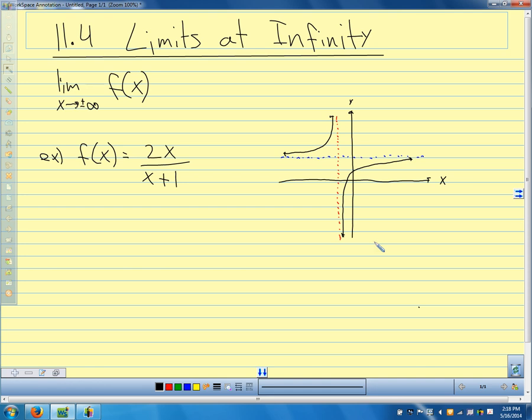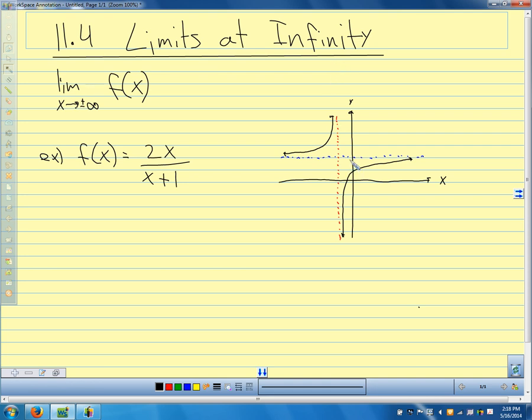As x approaches -1, as we get closer and closer to -1, what is my function approaching? Here and here, our function is unbounded.